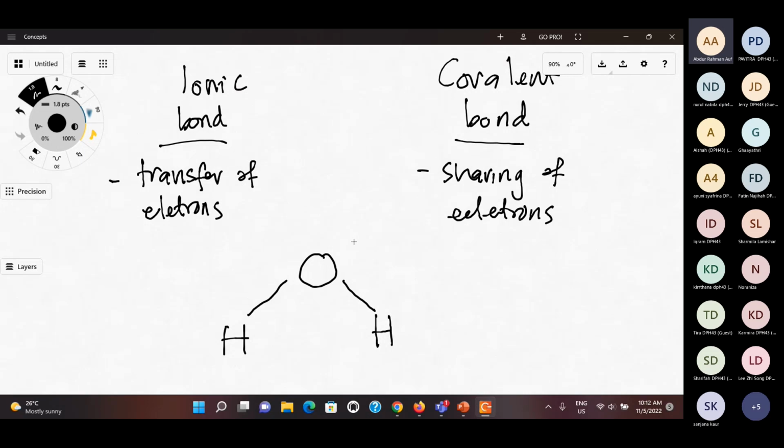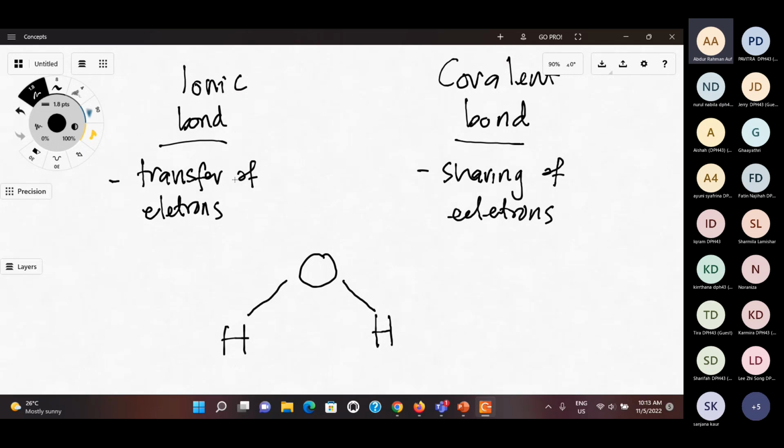So ikatan kimia ni bergantung kepada the type of electron sesuatu atom tu ada. Okay, the nature of the atoms. So for example, tak semua atom boleh buat ionic bond, tak semua atom boleh form covalent bond.